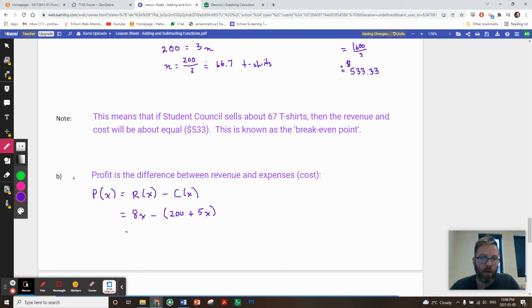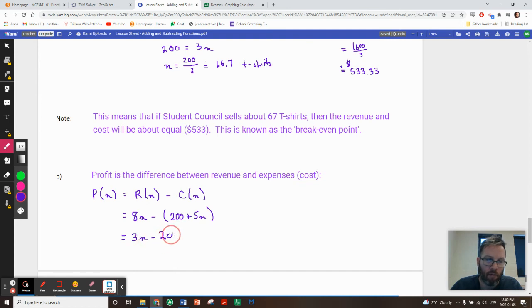I'm just going to clear all this out and just redo that. Not a huge deal, but we are using n for number of t-shirts, so I don't want to change that. 8n minus 200 plus 5n, which gives us, again, 3n minus 200.